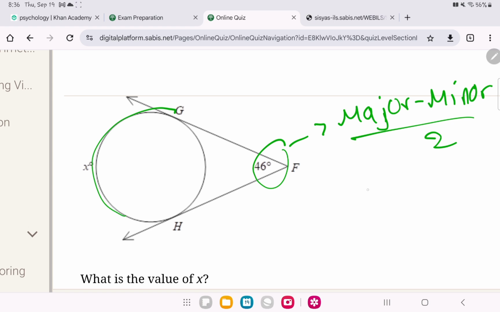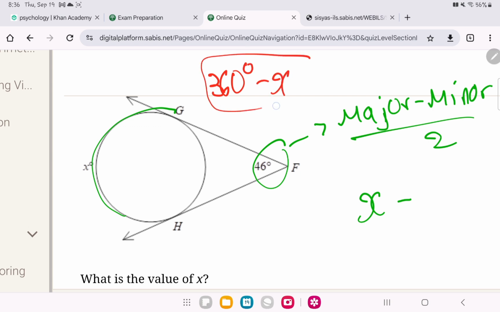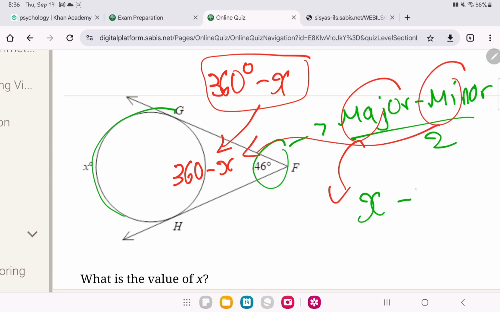We have the major, which is x, and we know that the measure of the arc is 360 degrees. So 360 minus x is equal to which value? This one. So the measure of this arc is 360 minus x.